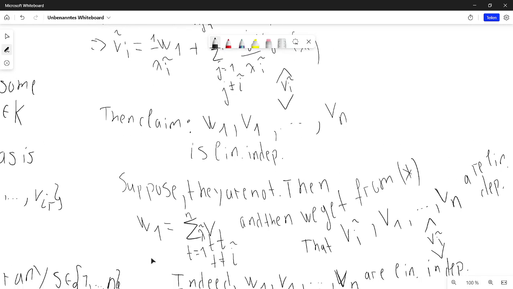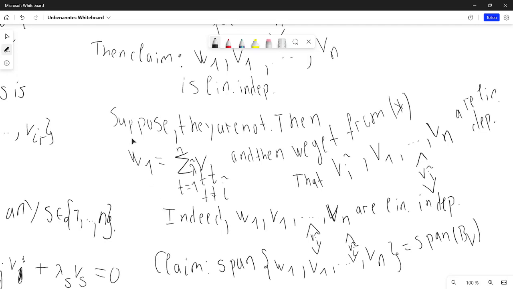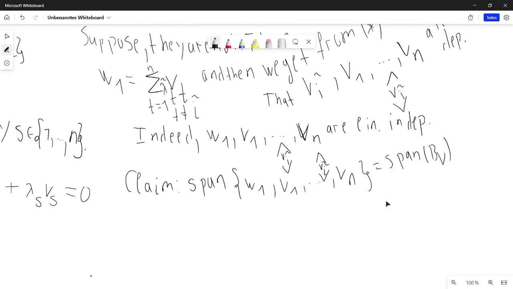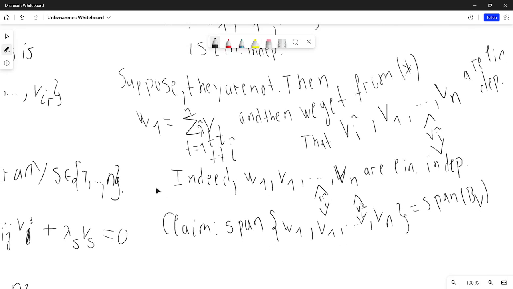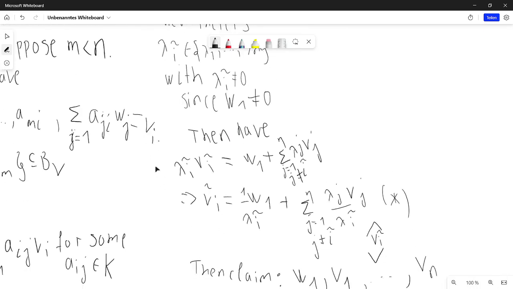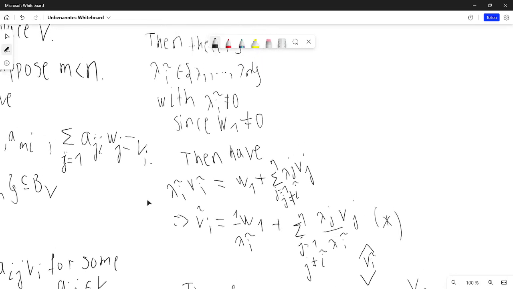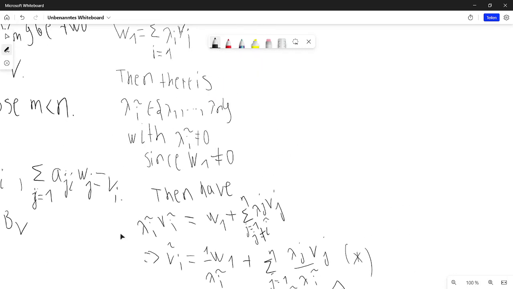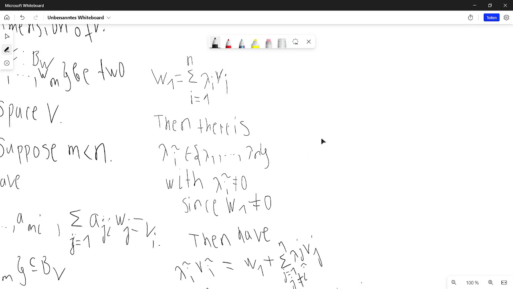This is just obvious because if you have the span of that, then you just have all linear combinations, right? But we have that here, so this is where we started.